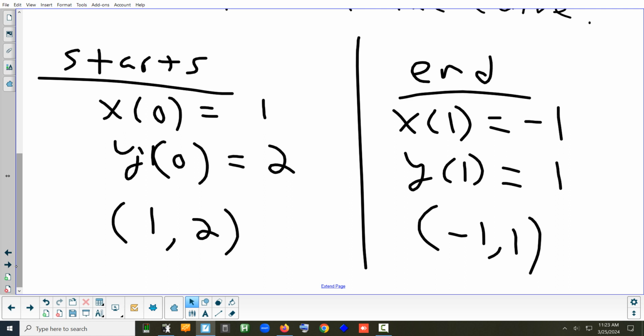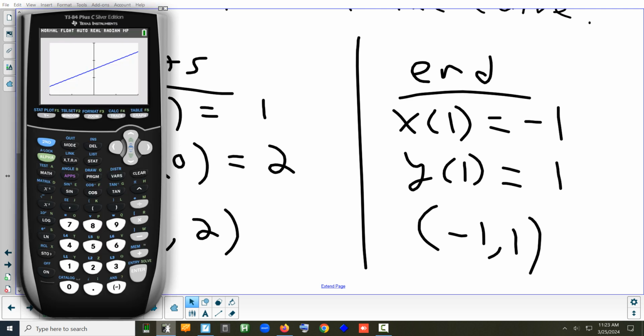So the leftmost edge is negative 1, and the rightmost edge is 1. Tell the calculator to draw that with what we just said. Put that in parentheses, and then put the condition next to it. We want x to be greater than negative 1. And this goes back to what we talked about with a piecewise function.